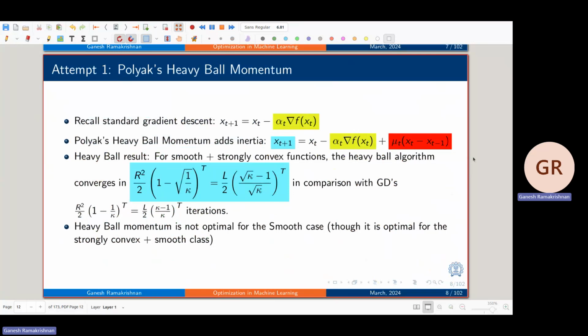You might wonder, does it make a difference if you replace it? You remember what kappa is? Kappa is the ratio of the strong convexity and Lipschitz constants. Is kappa greater than 1 or less than 1? It's greater than 1. So if kappa is greater than 1, which is better?